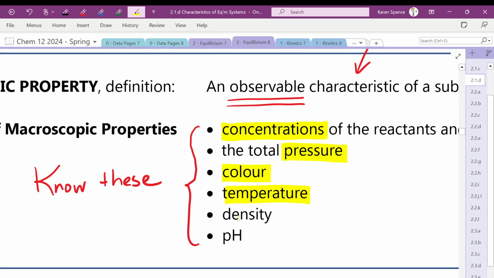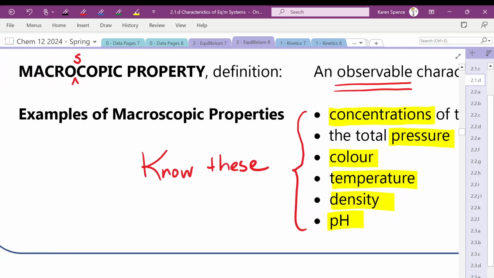Color, temperature, density, pH, those are all macroscopic properties. And why do we care about macroscopic properties in the equilibrium unit? Because macroscopic properties remain constant at equilibrium.